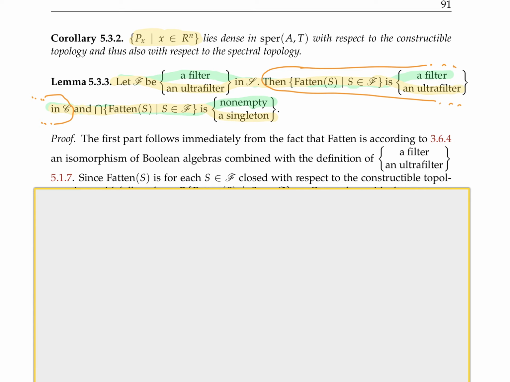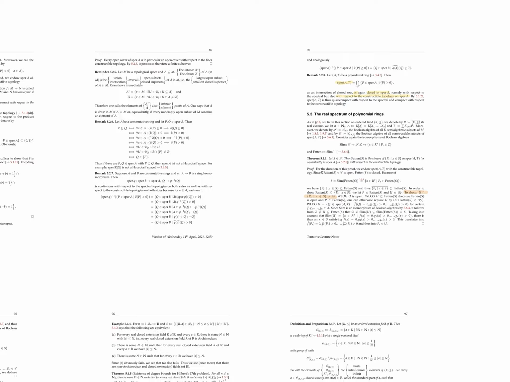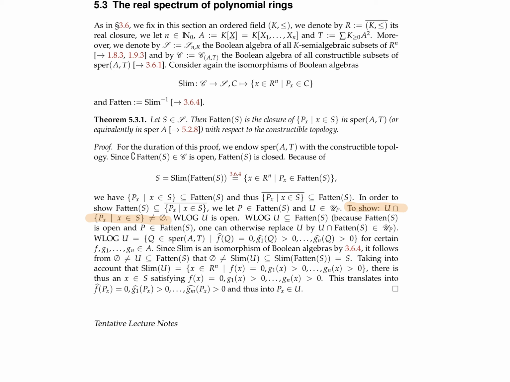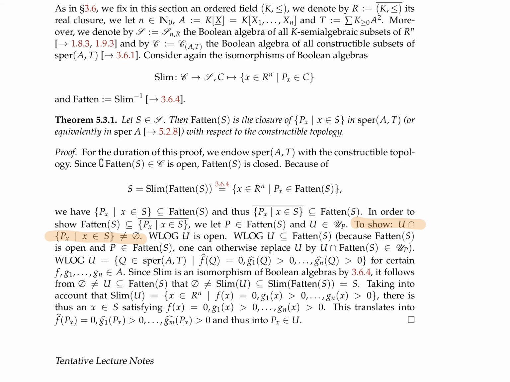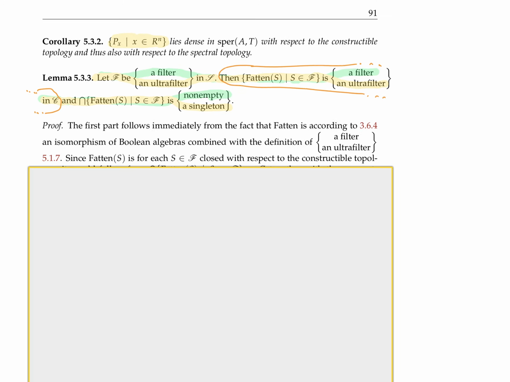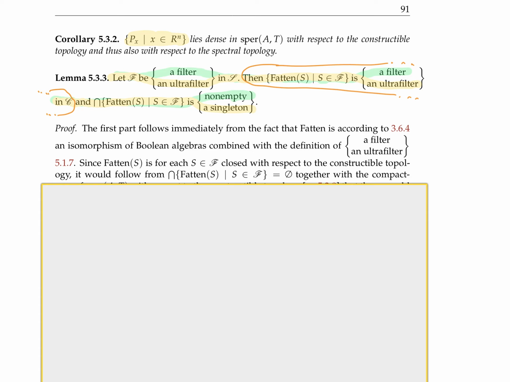We know this already. That was because, for example, it's constructible. You could also use that it's the closure of something. But an easy argument is because it's constructible, and each constructible set is of course closed with respect to the constructible topology because its complement is constructible and therefore open.